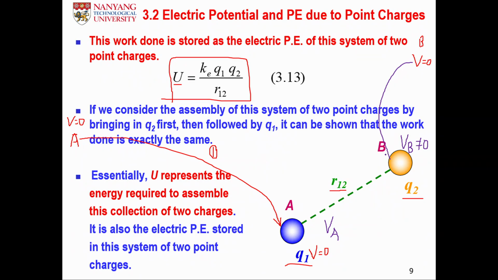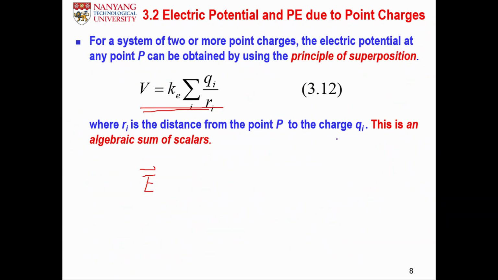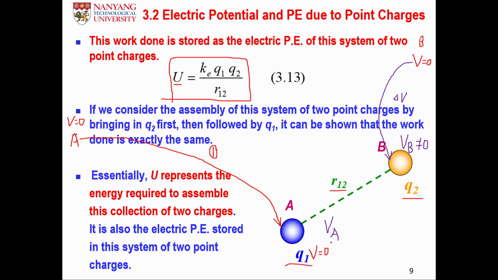At this point, you move the second charge from infinitely far away to this point. So there will be a delta V and also a delta U, right? And this delta V is just KQ1 over R12. This is the delta V from here to here.